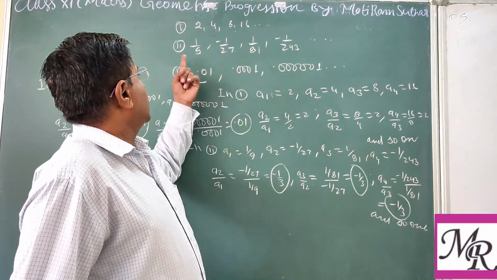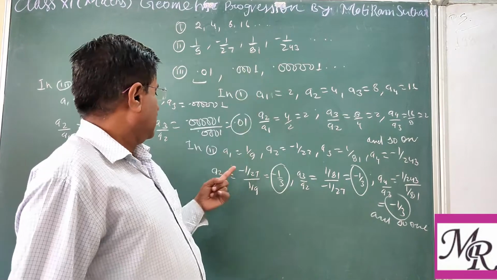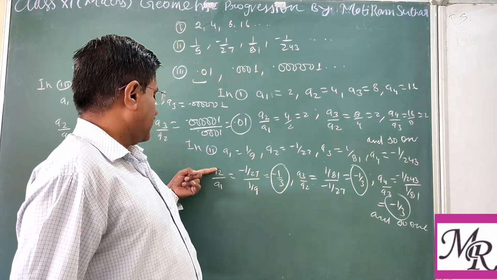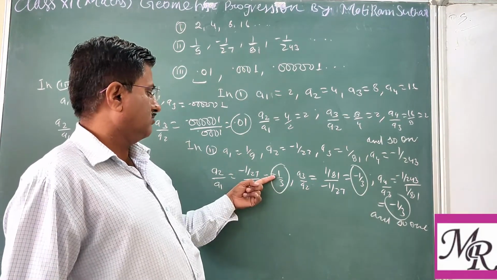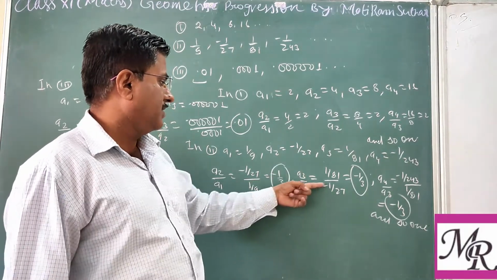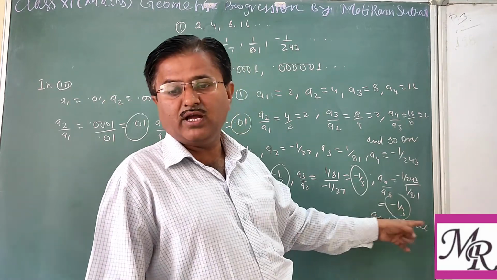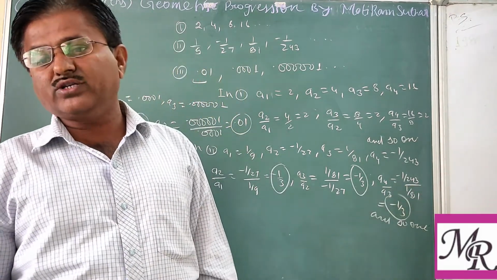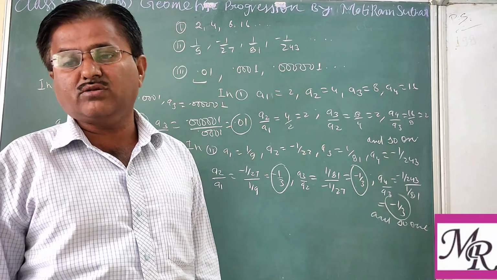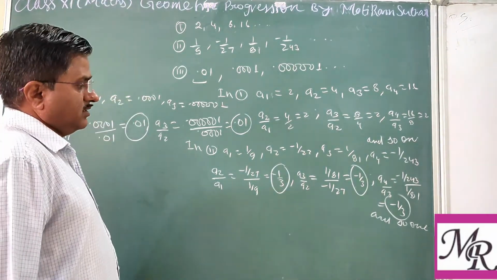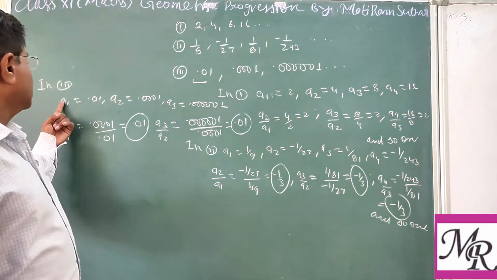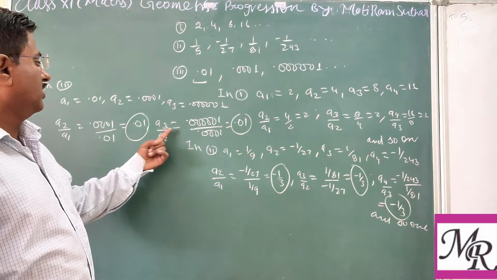Now similarly in the second example, if you find the ratio of the second term to the first term, it is minus 1 by 3, third term to second term, minus 1 by 3, fourth term to third, minus 1 by 3, and so on. So here also this ratio is a constant throughout the progression. Similarly in the third example, this ratio is 0.1.